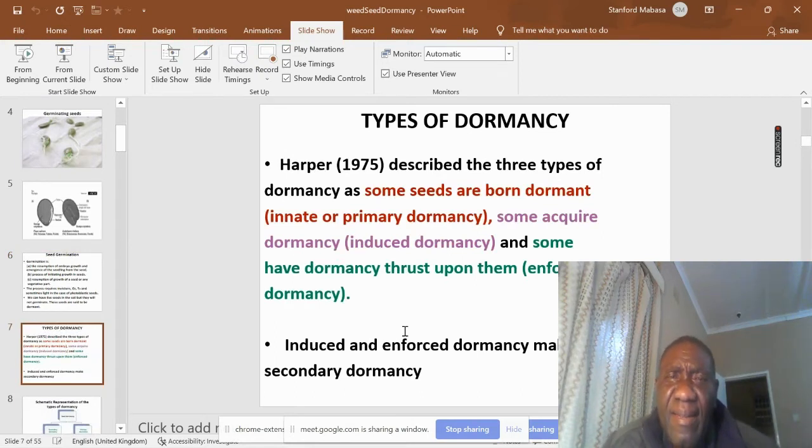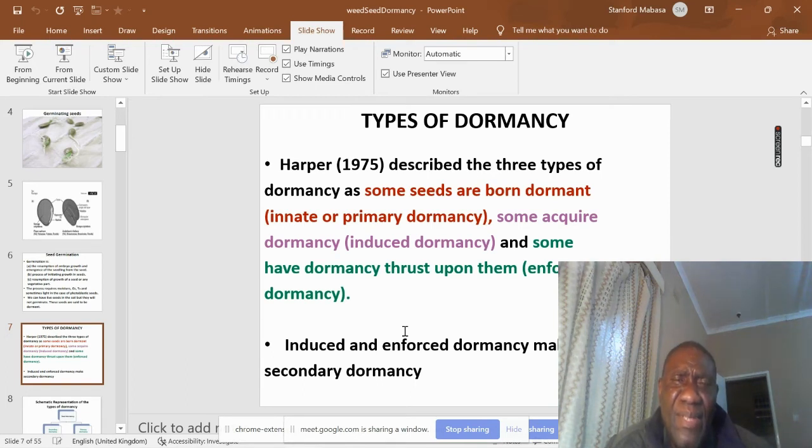There are types of dormancy which were actually described by Harper in 1975. He stated that there are three types of dormancy. You may have some seeds which are born dormant. If you have seeds already in possession of dormancy as they are released from the plant, it is known as innate or primary dormancy.